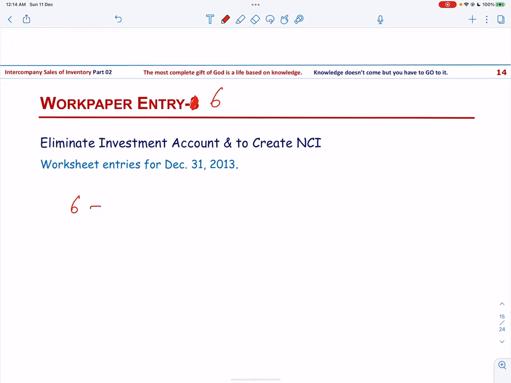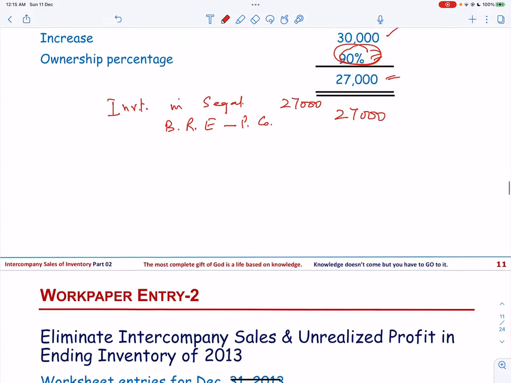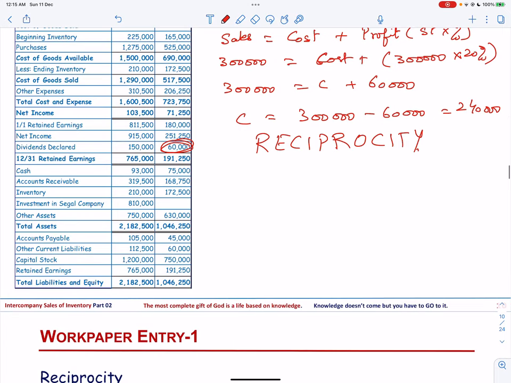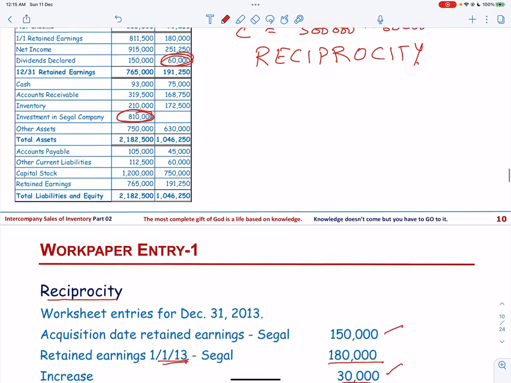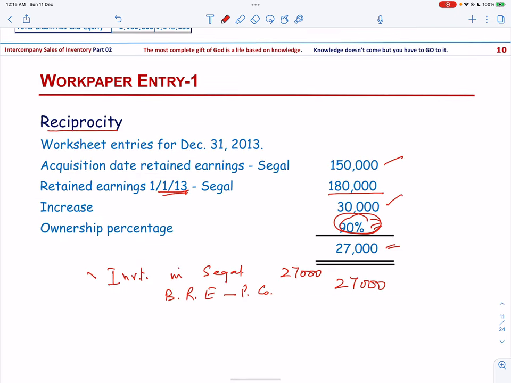This is number 6, and we are going to eliminate the investment account and we are going to create the non-controlling interest. So remember that first of all, let me show you that the investment is 810,000. But if you can remember, the reciprocity investment was debited by 27 as well.